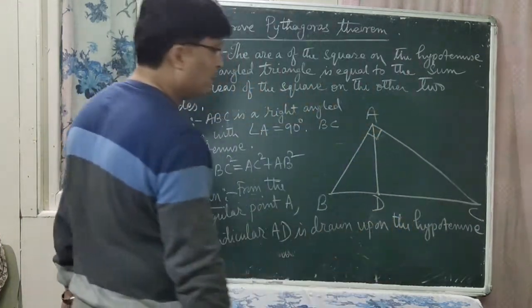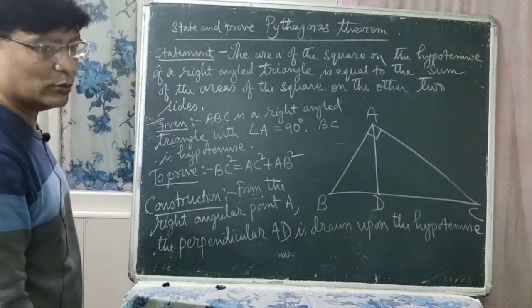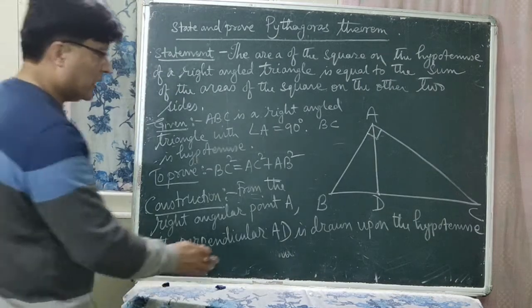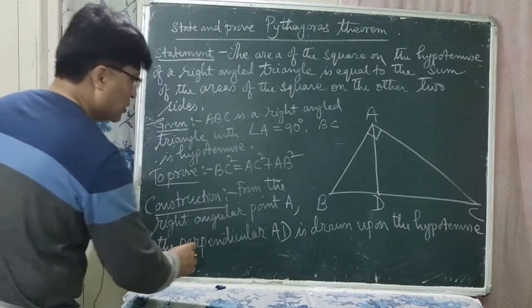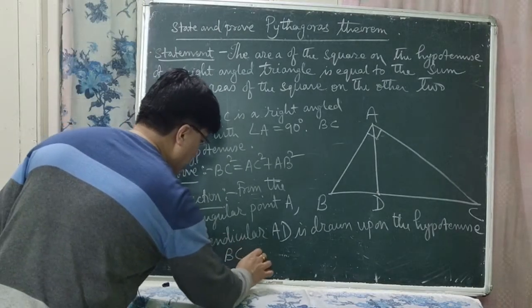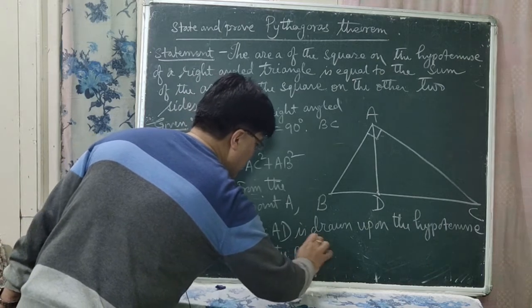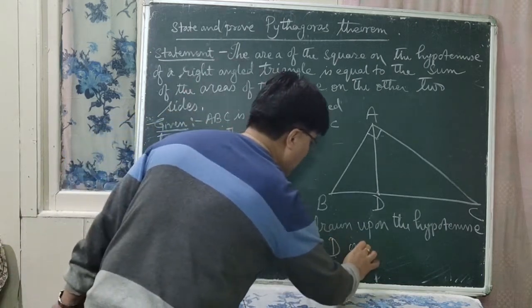Hypotenuse. The perpendicular AD is drawn upon the hypotenuse BC at the point D on it.